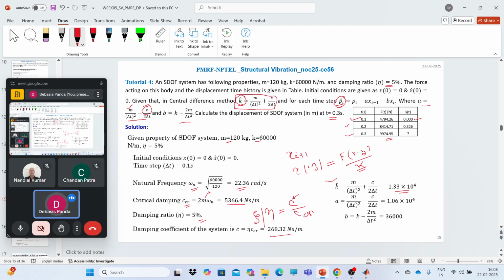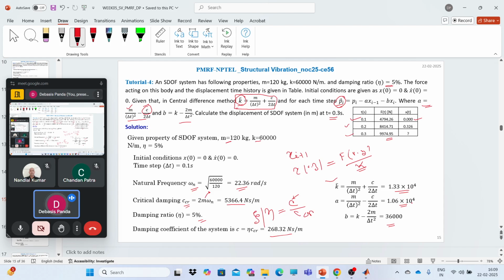Here, what is the value of a? Because to find out the force, we need to calculate a. So here, in the question, instead of P they should have written F. Let's say P and F are the same thing. So a comes as this, and the constant b is nothing but k minus twice m by del t square. So b comes as 36000.